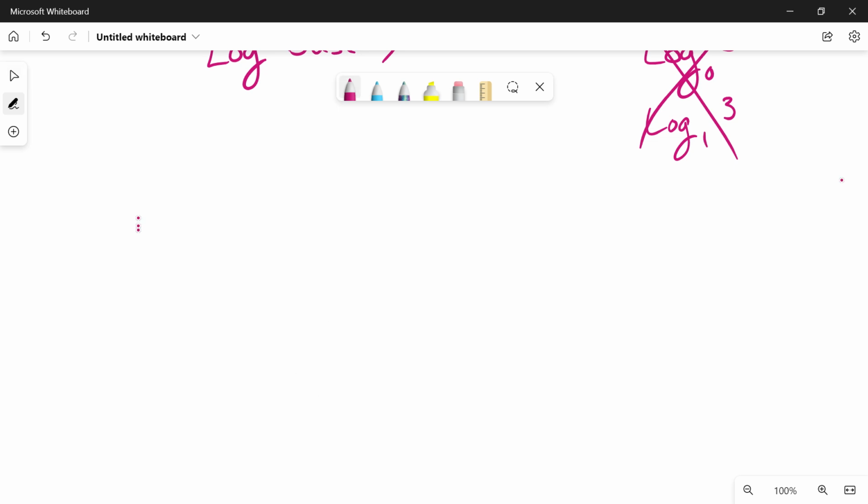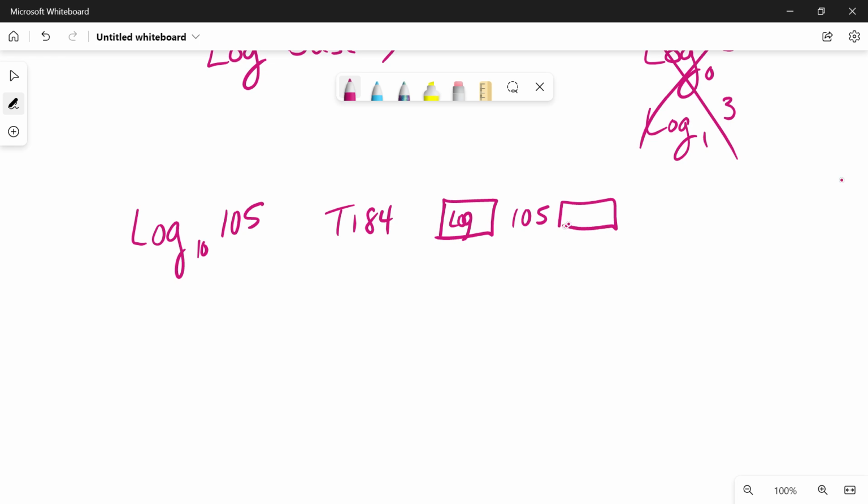If I wanted to find log base 10 of 105, on my Texas Instruments TI-84, I would hit the log key, then key in 105, and then hit the enter button.